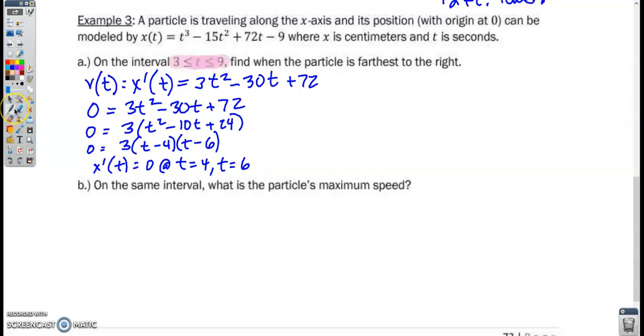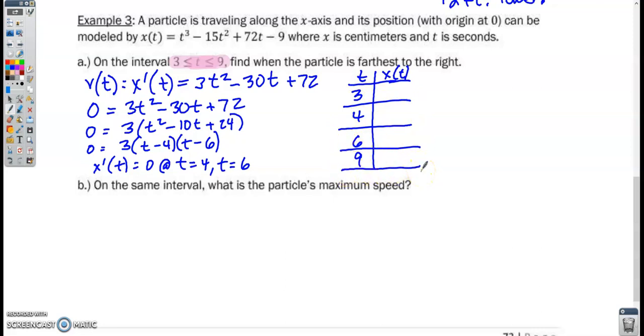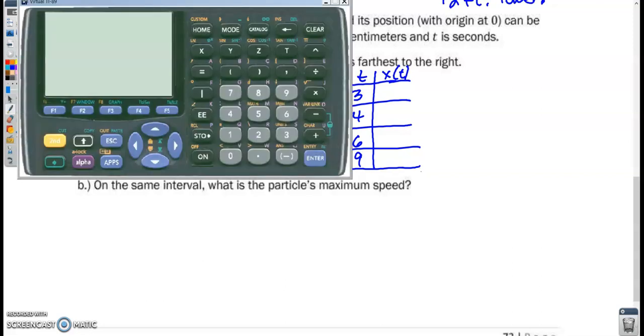I'm going to set up my table for time and position. Our time values are our left endpoint 3, our critical points 4 and 6, and our right endpoint 9. We're going to substitute all of those into the position function to figure out which position is largest.